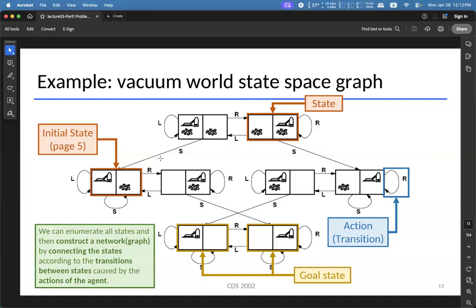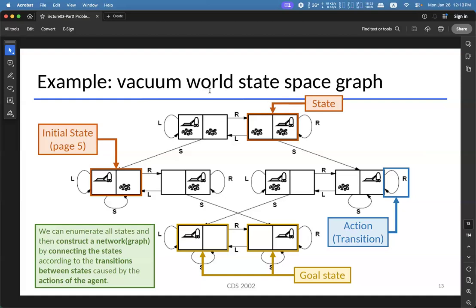The arrows refer to the transition from state to state, where the environment moves from one state to another. For example, of the top two environments on this diagram, the left one is connected to the right one with an arrow, which means this environment can transit to the right environment.